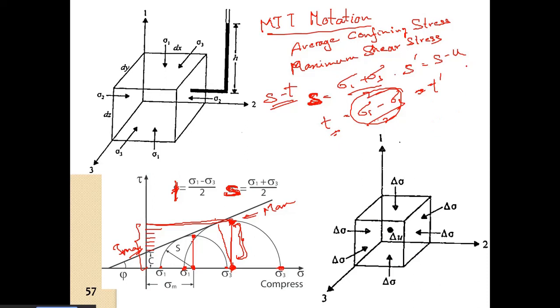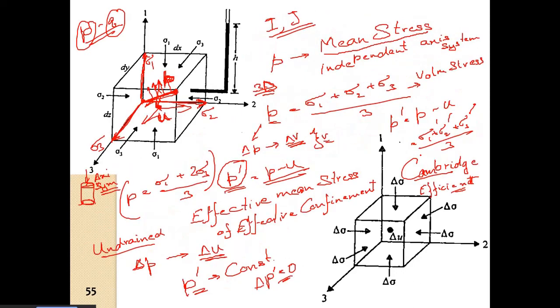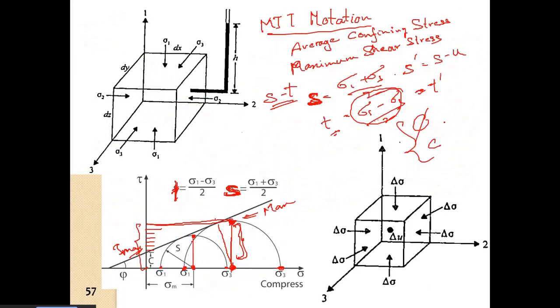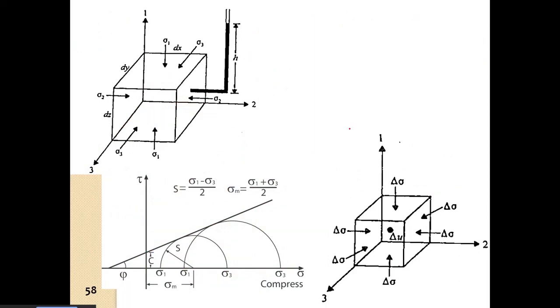So that is the reason why we need to know the pore pressure development, and how we correlate that to the angle of internal friction and the cohesion, we will see in the later slides. So this is just a definition so that you understand, when we see the plot, what P and Q are and how we do this analysis, right?